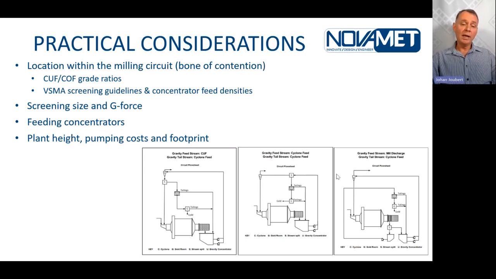Now, where and when and how big to install is probably a 2-day seminar by itself. Again, just go back to say it's got to be easy, it's got to be compact, and use gravity as much as possible. And if you can install it right at the back of the mills, it's always beneficial. But if you're doing a brownfields expansion, it's not always that available to you.